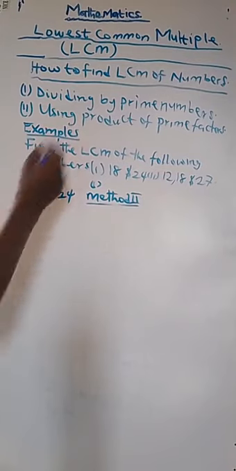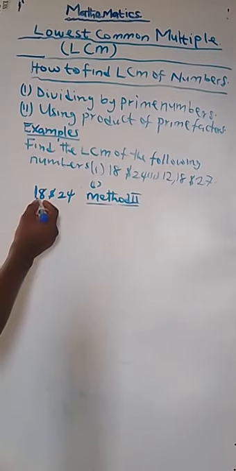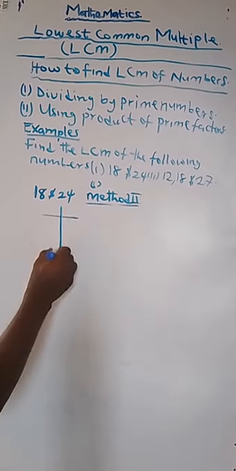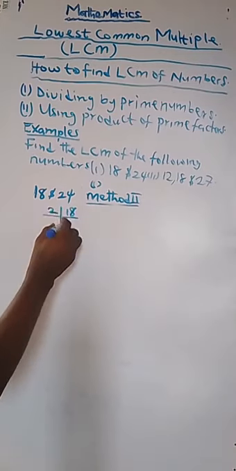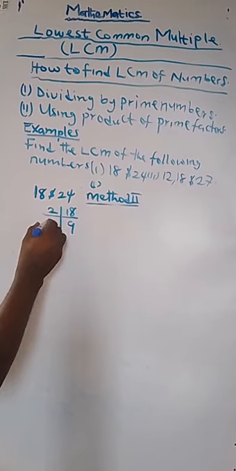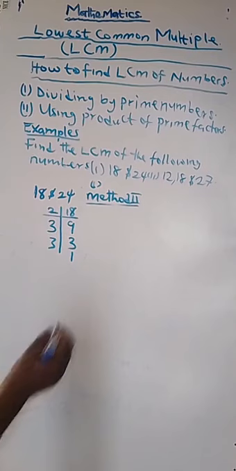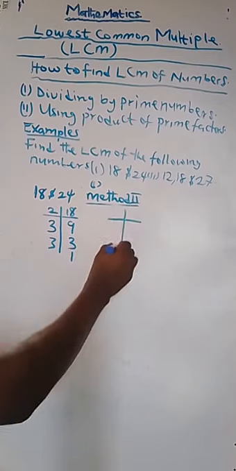The second method is using the product of prime factors. What we do in this method is find the prime factors of 18 and 24 separately. So what is 18? Let's start with 2. 9. 2 cannot go again. We go with 3. 3, 3, 1. This is 18. Let's see what 24 is.